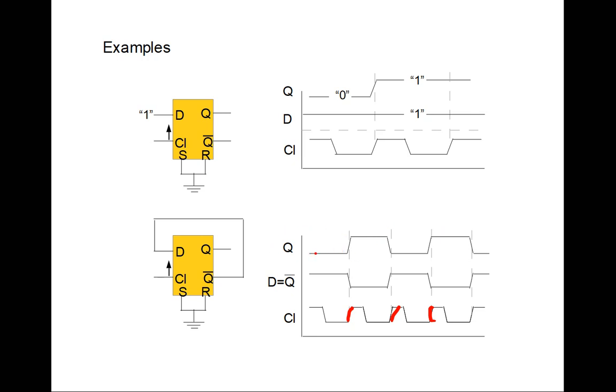Q is a periodic waveform, and it has the following features. It has twice the period of the clock. So here's the clock's period. Here's the period of Q. So it has half the frequency. And also it's symmetric, which means that this distance up here when it's high is the same as the time duration when it's low.